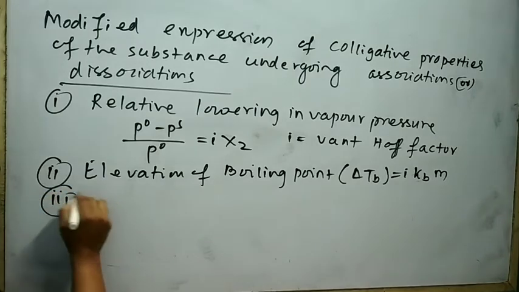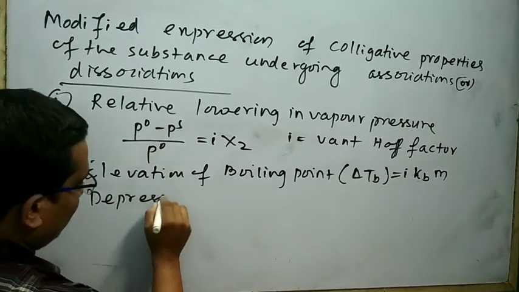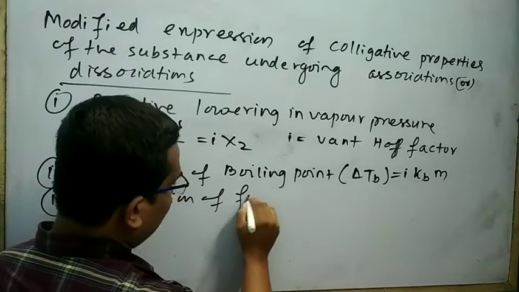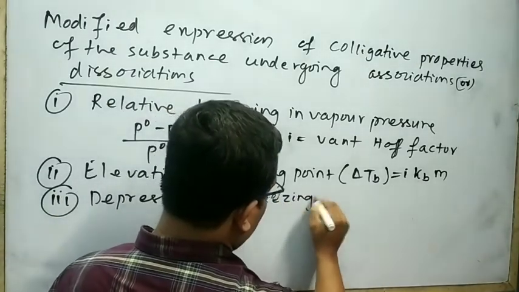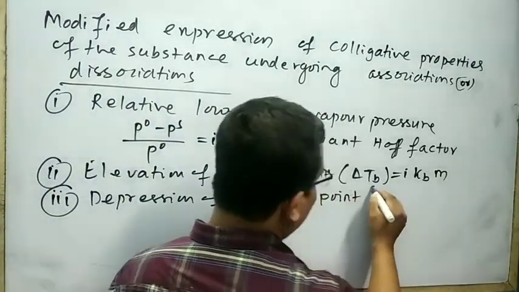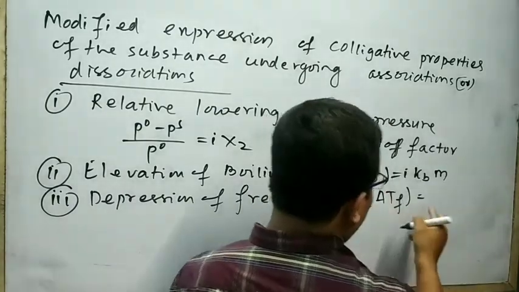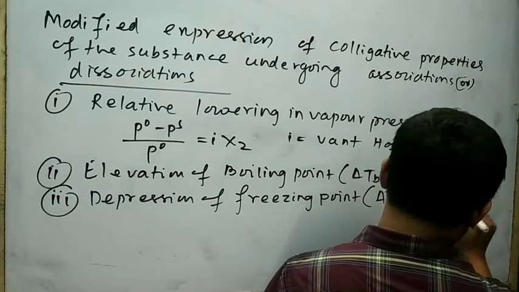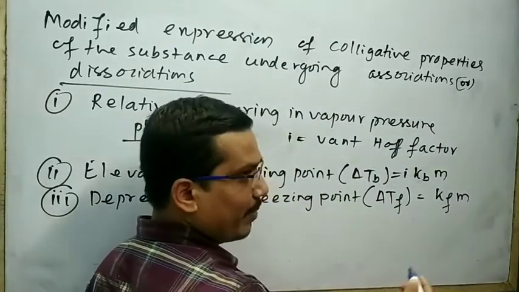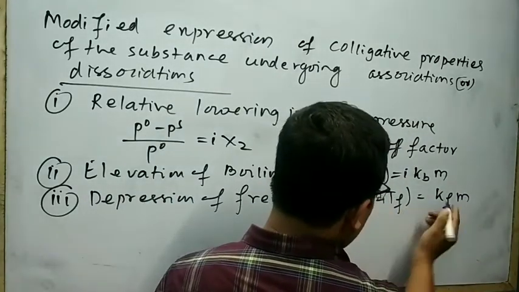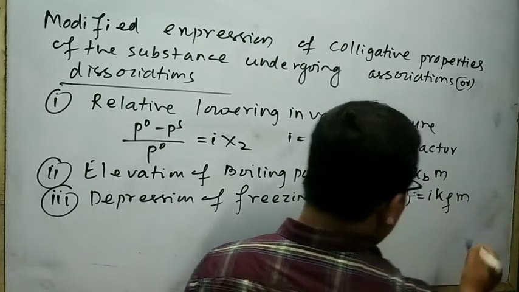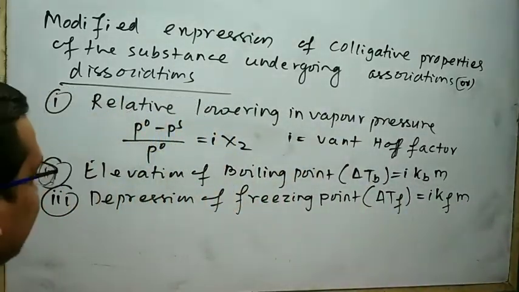Similarly, I can write depression of freezing point, denoted by del Tf. We generally know that del Tf equal to Kf into m, but the modified expression is del Tf equal to i Kf into m.